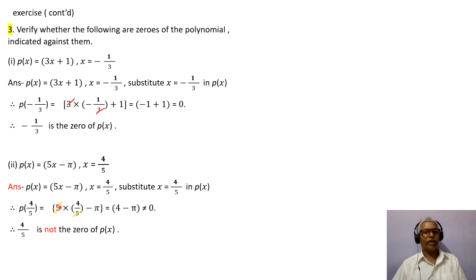So 5 cancels, you get 4 minus pi, which is not equal to 0. Therefore 4 upon 5 is not a zero of this p(x). That is what you have to find out. These are very simple problems. You can try to solve them yourself first and then check with this video.